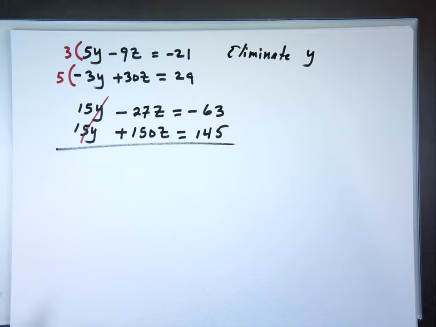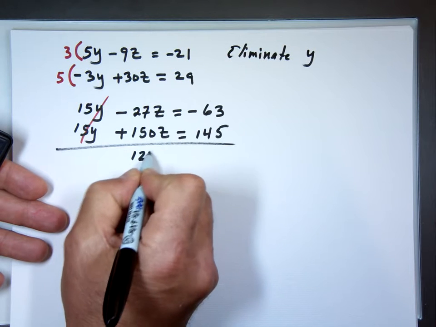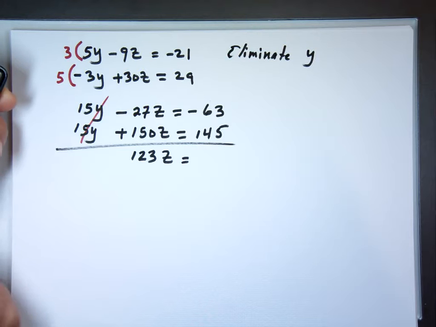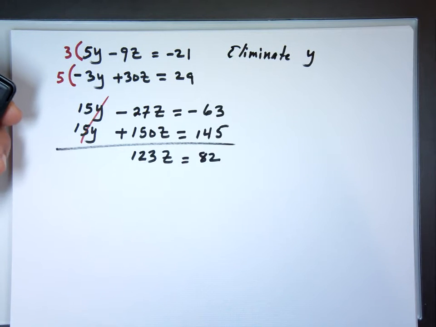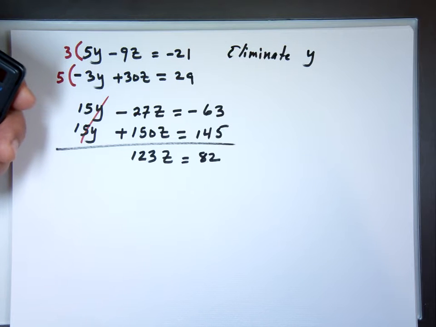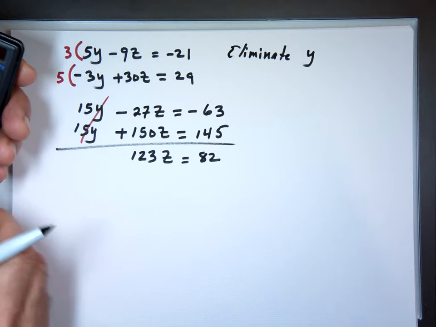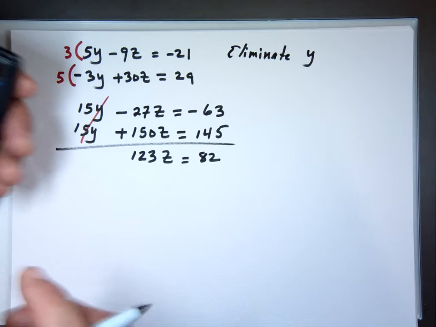Gone. 123z equals 82. Hopefully my numbers are good.